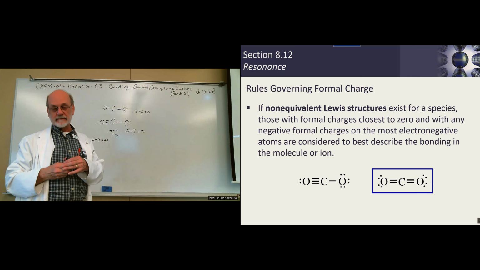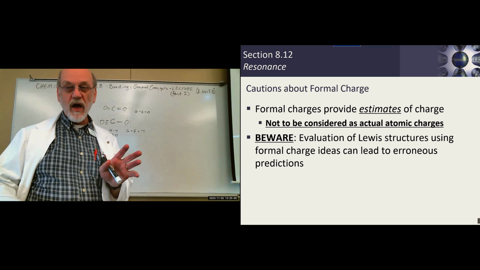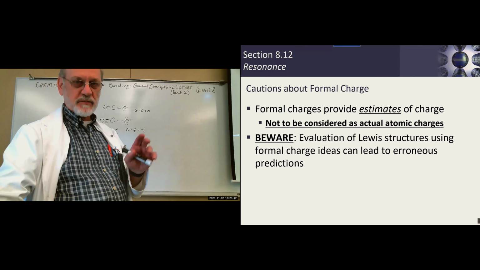This way, they're evenly distributed. That is a much more stable situation. But always be cautious. That's what the beware talks about. Lewis dot structures using formal charges can lead you in the wrong direction. It's not often, but it can happen. So just be cautious.